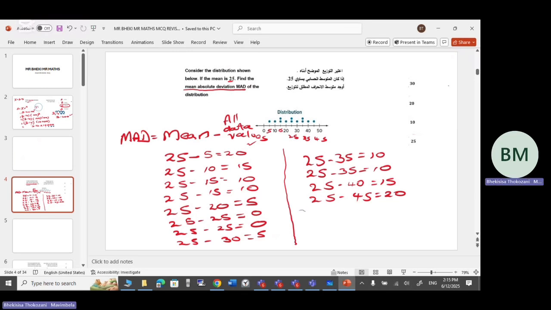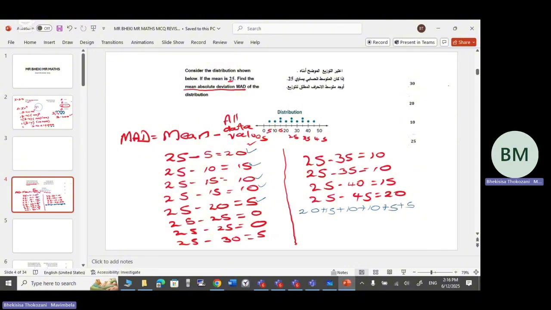Where's my pen? Okay, I've got 20, which is this one, that one there, and plus 15, plus 10, plus another 10. So these two 10s, and that 15 is done. And now plus 5, this 5 here, plus this 5, forget about the zeros, plus this 5 here.